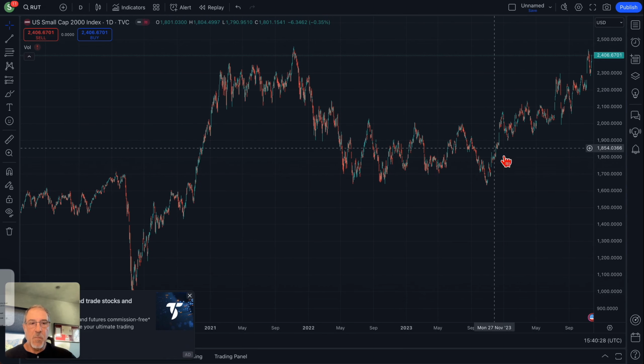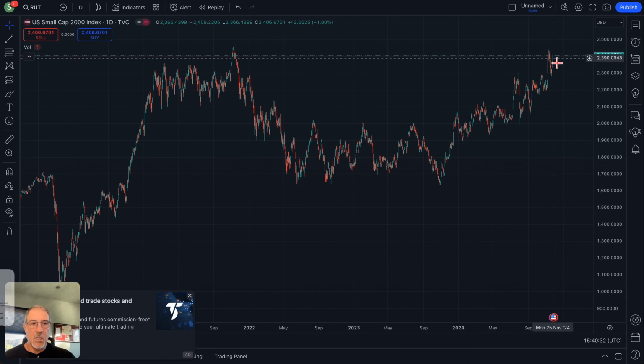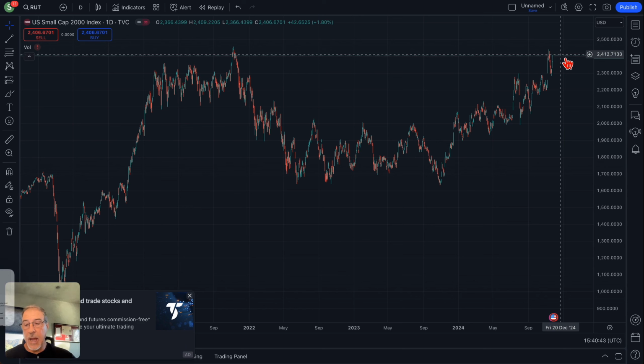Now, another thing you may notice here is a very large cup pattern, where you have a dip, chop sideways for a long time, and climb back up. Many times you'll end up with what's called a handle, where we might chop sideways in a range here for maybe a couple weeks or so. And then a cup and handle pattern is a bullish pattern.